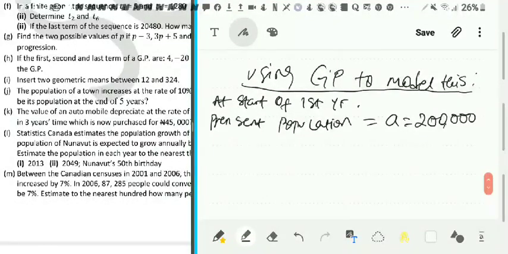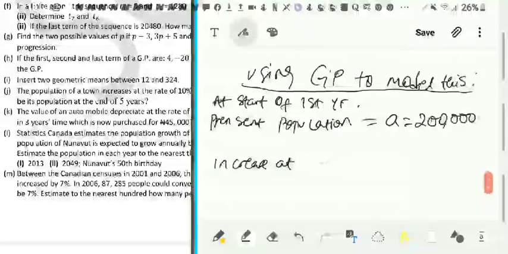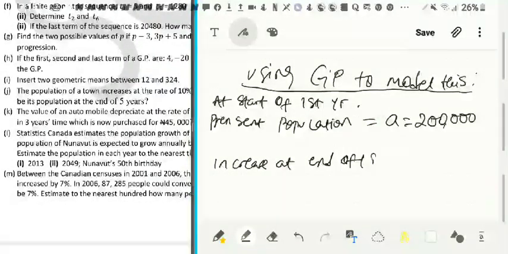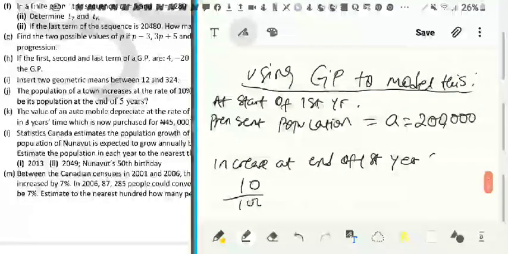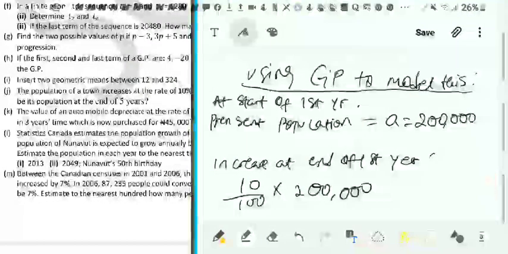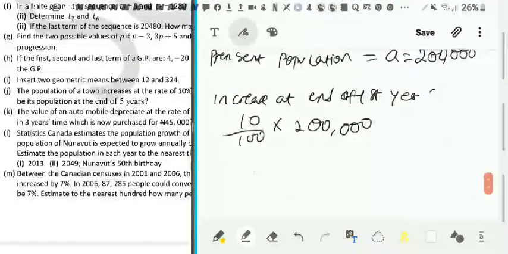Increase at the end of the first year. What's the increase at the end of the first year? That's 10 over 100 times 200,000. This 10 over 100 is the same thing as 0.1 if you divide it.